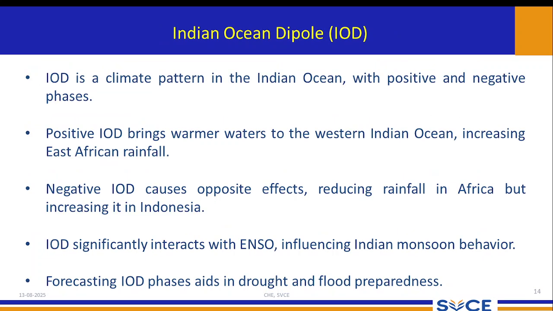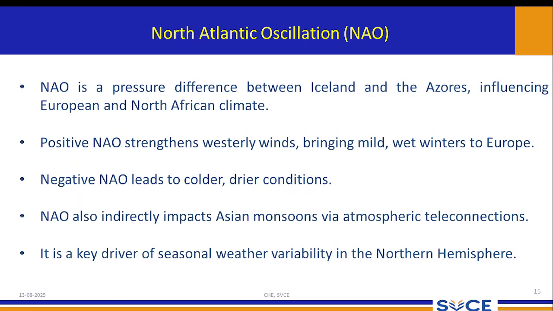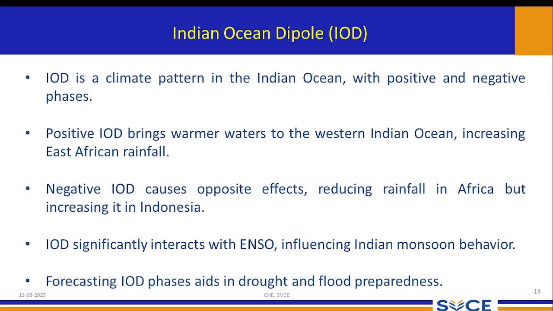Indian Ocean Dipole, which we have seen in the last class, is a climate pattern in the Indian Ocean with positive and negative phases, as in the previous case. A positive IOD brings warmer water to the Western Indian Ocean, increasing the East African rainfall.